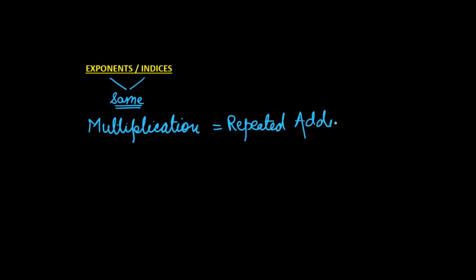Before moving to exponents, let us see what multiplication is. Multiplication, as we all know, is nothing but repeated addition. So if we have 2 plus 2 plus 2 plus 2, how do we write it?